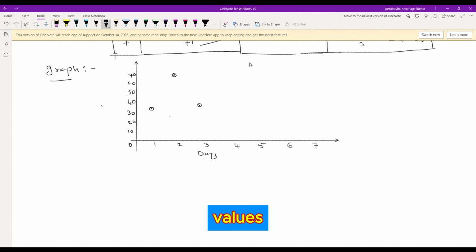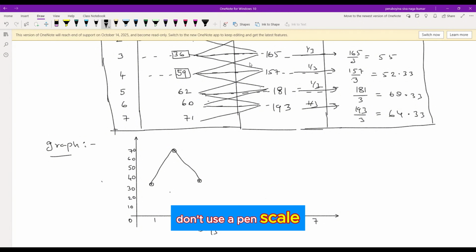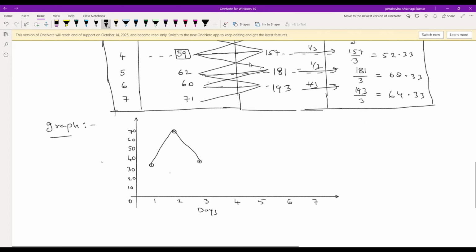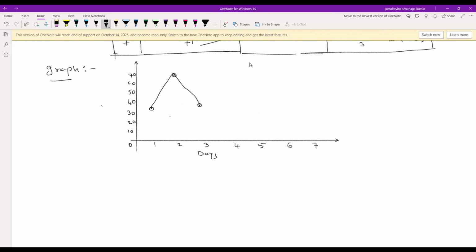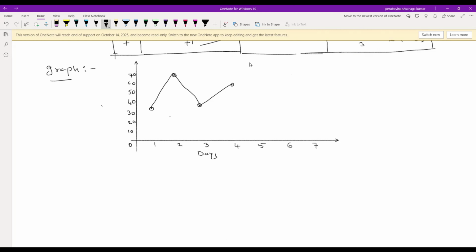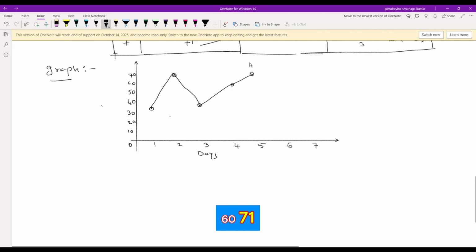So try to join these values. Don't use a pen scale. Join sharply with a pencil. And 59, 62, 60, 71.